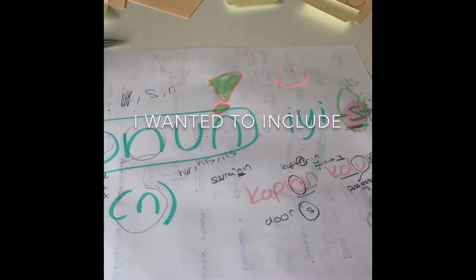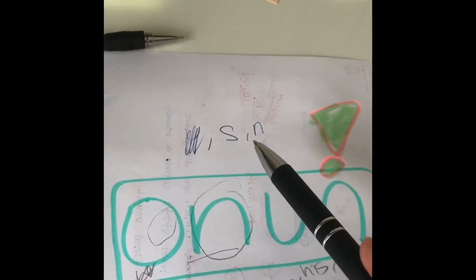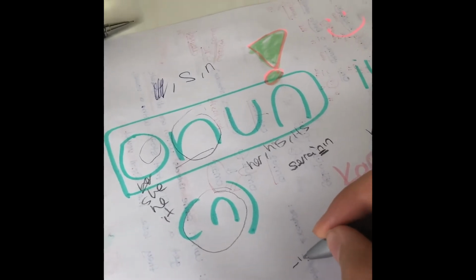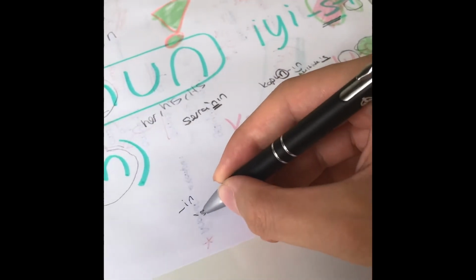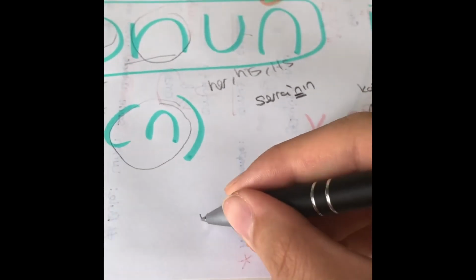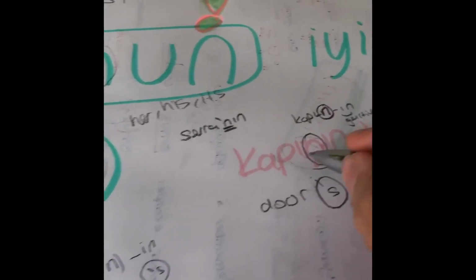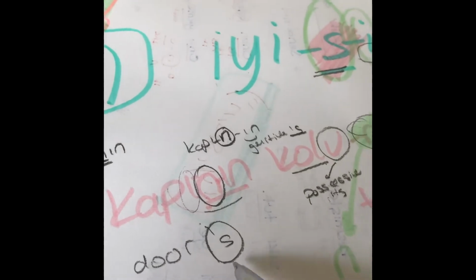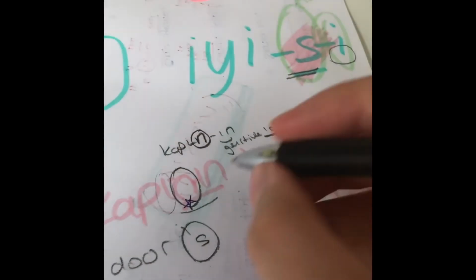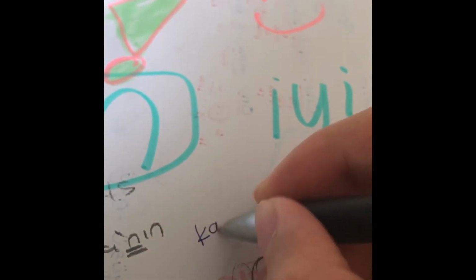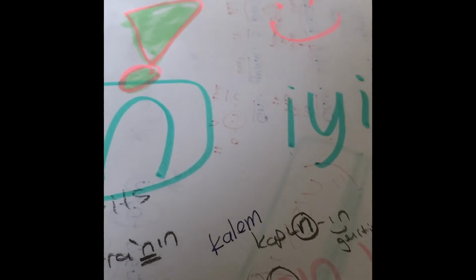This part too, to make it more clear about how we use S and N as a buffer letter. When we use in as S, like someone's S, we have to use N before. Like kapı means door, it ends with a vowel, and when I want to say door's, I have to add N before I add i.